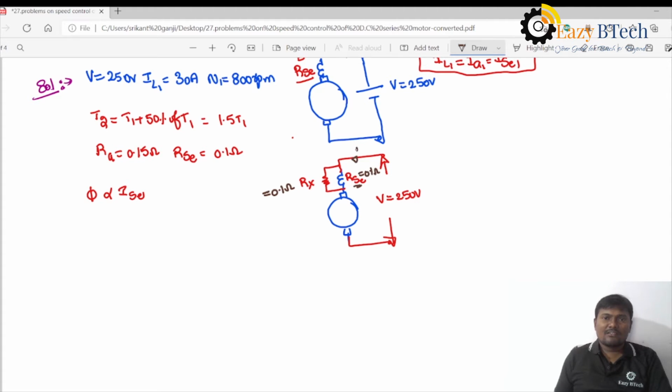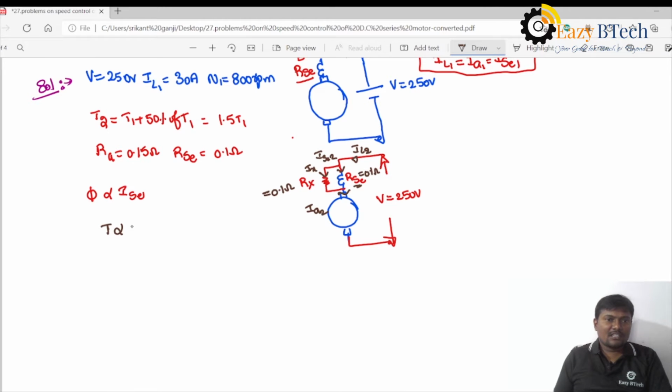The current drawn from the supply is now IL2 and the current flowing through the armature is IA2. The current flowing through the series field is ISC2 and the current flowing through Rx is, let us say, IX.